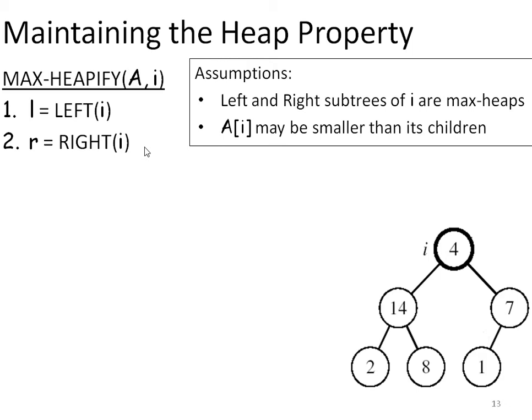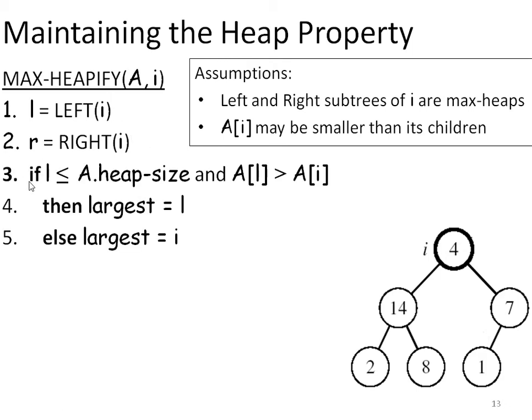Once I have it, I have to compare the three values now. At line number 3, we have written: if L is less than or equal to heap size. That means we check whether the left child actually exists, that is, whether it is a part of the heap or not. If it is a part of the heap, then only I'll compare the value of the left child with the value of I. If both conditions are satisfied, then we use a largest variable and store the index position L in it.